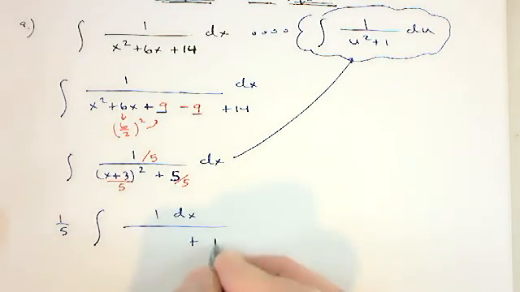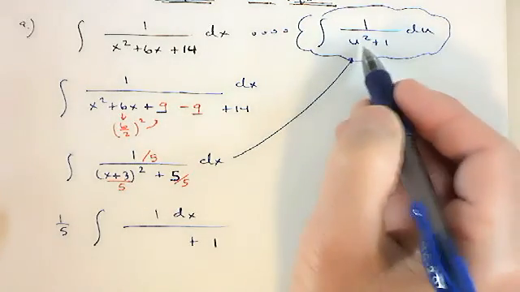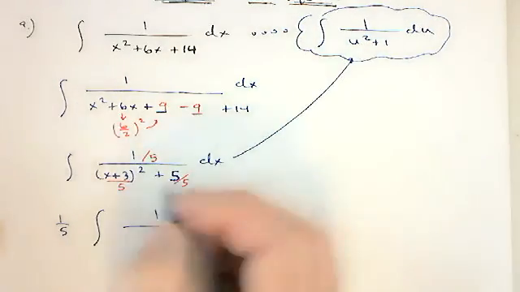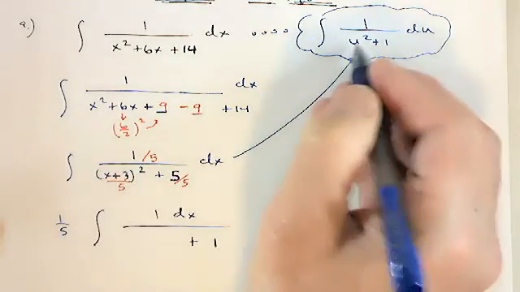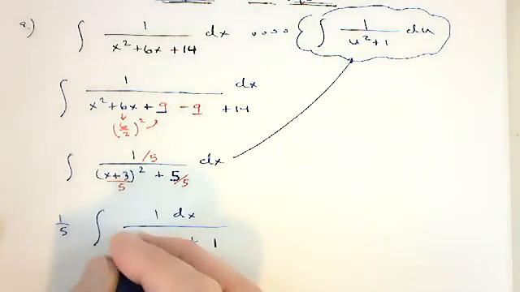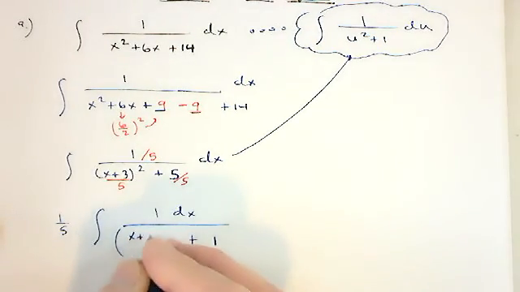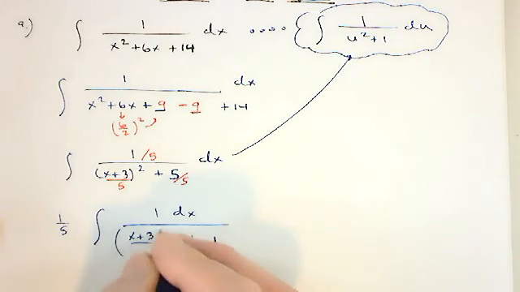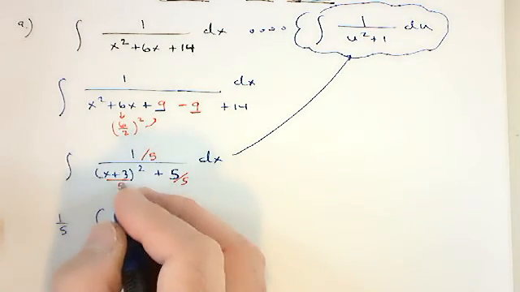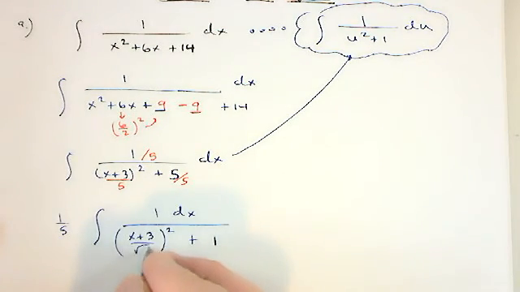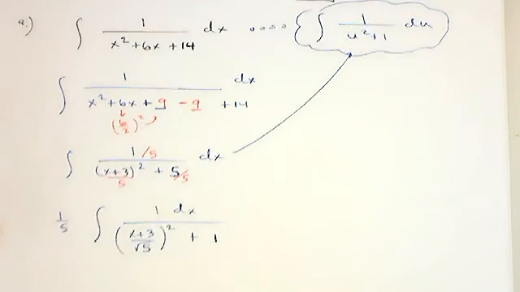And this is now plus 1. And then here's the trick to this whole thing when it's a messy arctan. I have to now think of this whole thing as something squared. So I need to think of this as x plus 3. Are you ready? If this whole thing's going to be squared and I get 5, I have to think of this as root 5 squared. All right. If I square this, I'm going to get that.